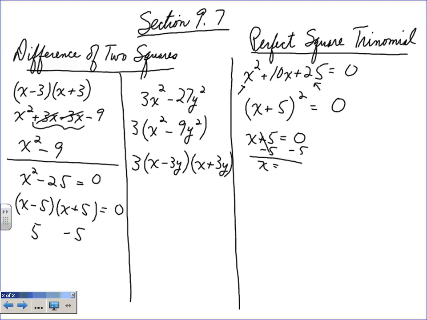And so x equals -5. Maybe you'll get something where you have x squared minus 12x plus 36. Can that be factored this way?